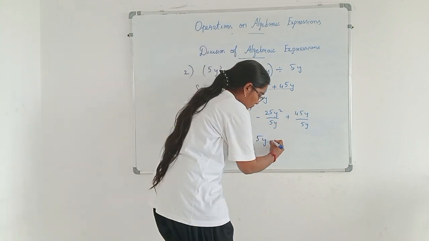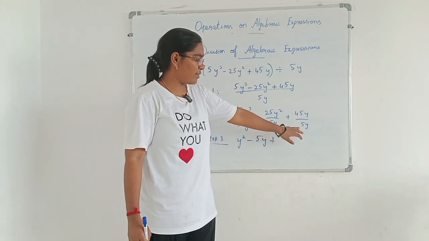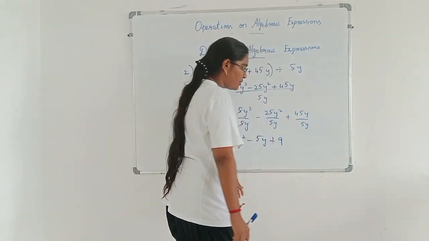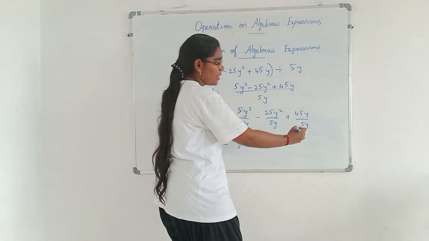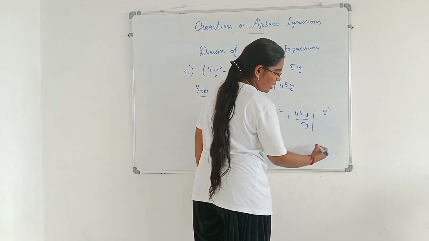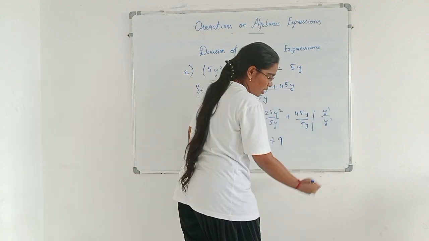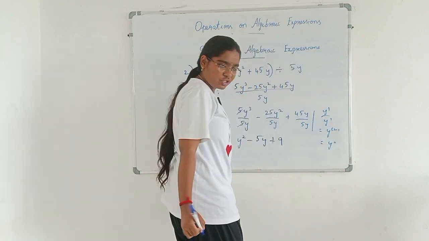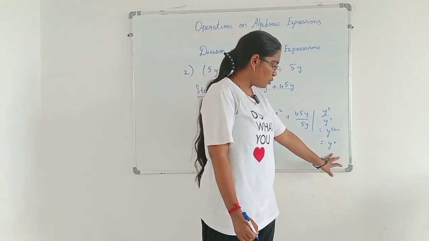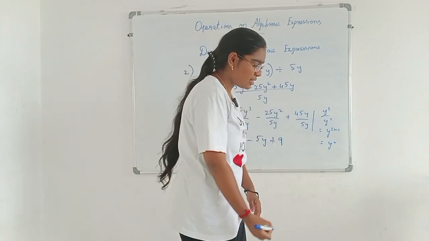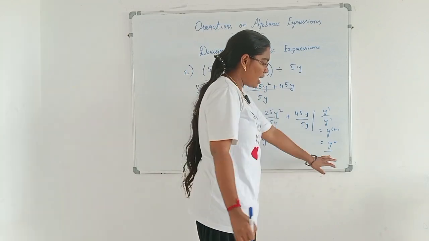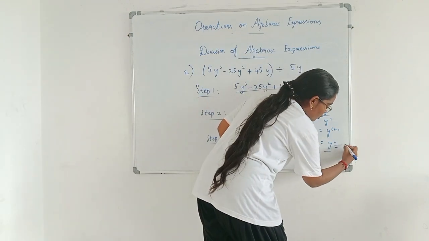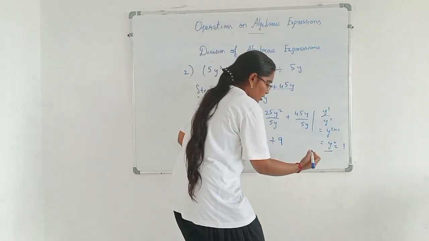Next, plus. In the 5 table, this 45 comes at 9 times, so 9. Then y to the power of 1 divided by y to the power of 1, so y to the power of 1 minus 1, y to the power of 0. According to the laws of exponents, if some base is there and the exponent is 0, then that value equals 1.